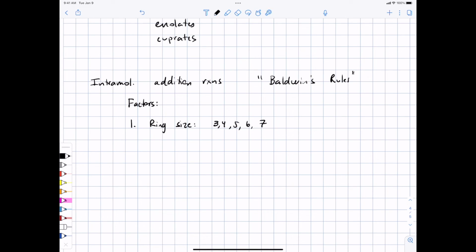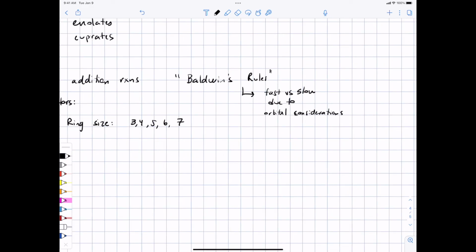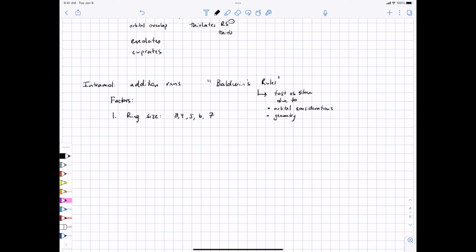Baldwin's rules relate to intramolecular addition reactions that are fast versus slow, and it's due to orbital considerations, where the LUMO is, and it's also due to geometry and whether the nucleophile can reach the orbital that it's attacking.